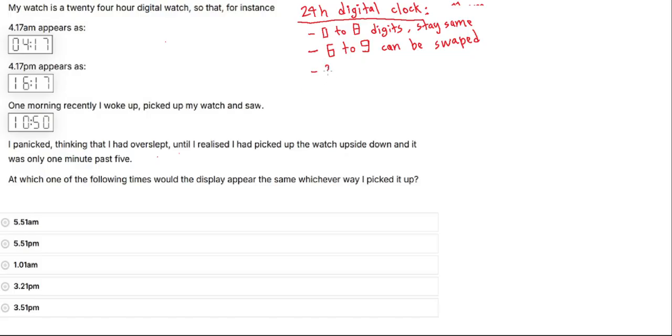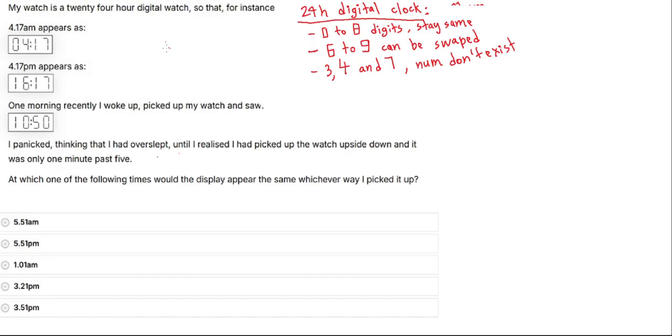But numbers 3, 4, and 7 cannot be flipped. Why? Because if you flip these numbers, they won't form a number that exists.